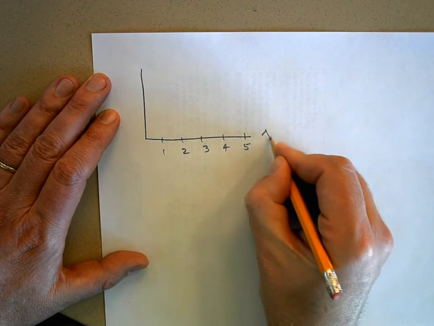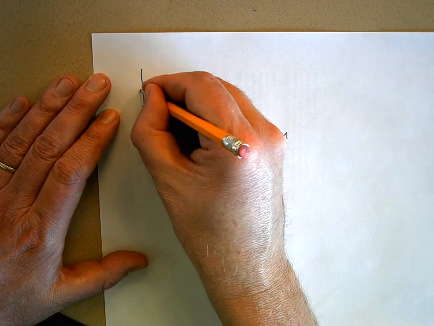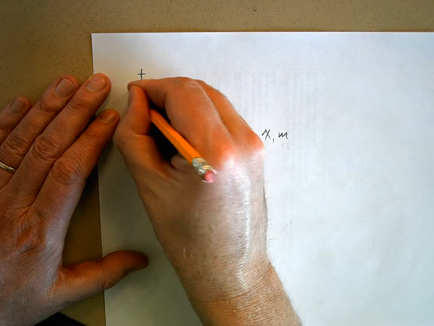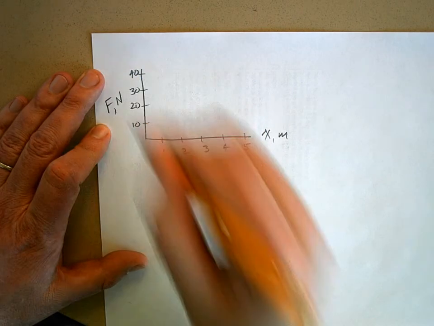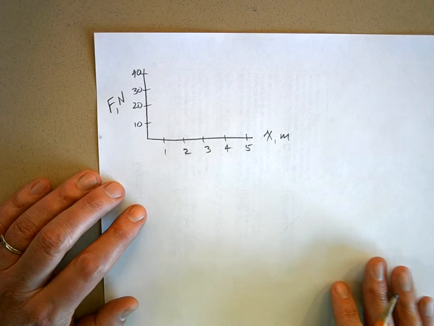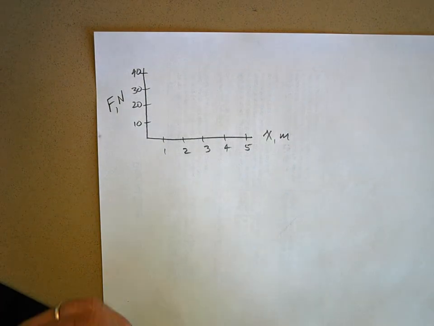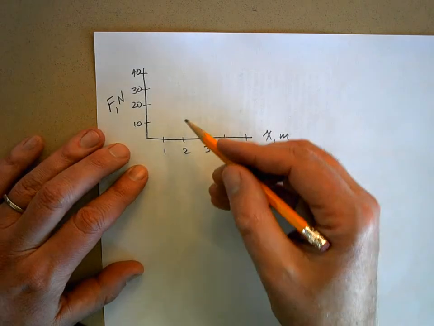This is position in meters. 10, 20, 30, 40. I'm just making this up. This is force in newtons. What if you had a spring or something, a strange mechanism that was applying forces to things, and it was doing something like this?